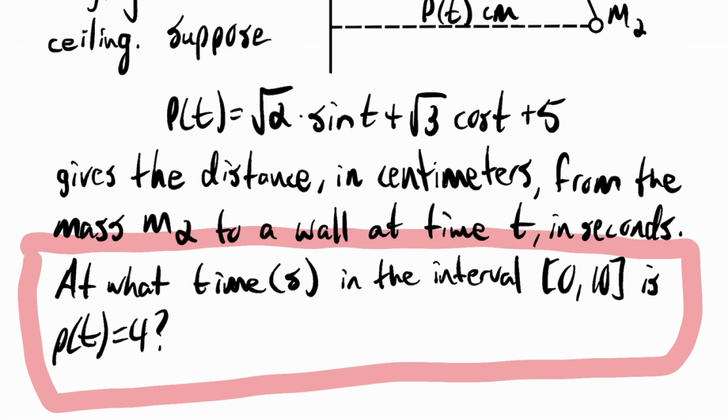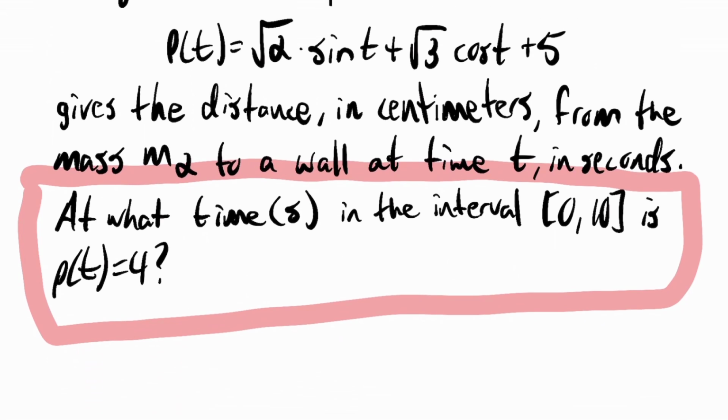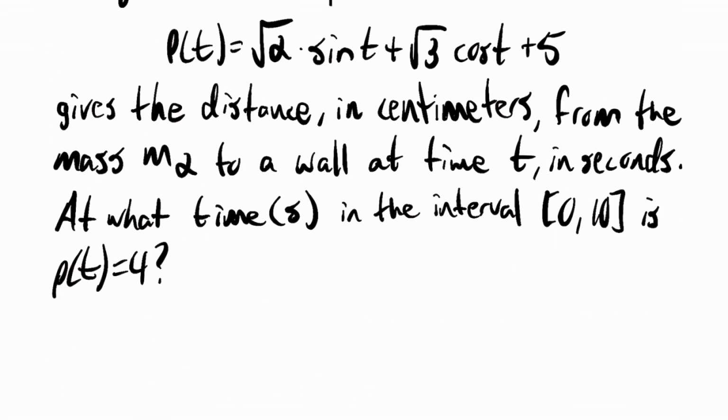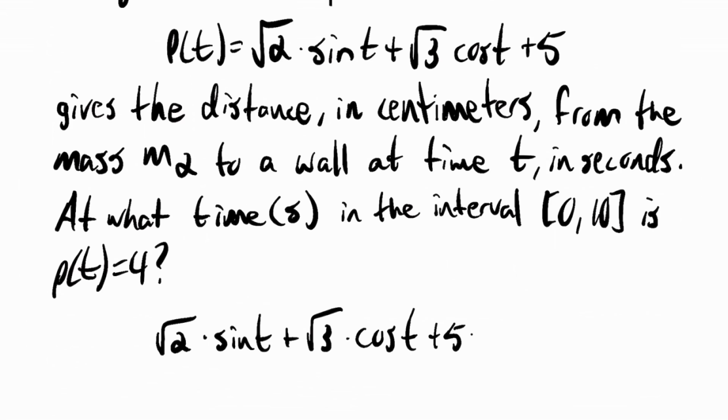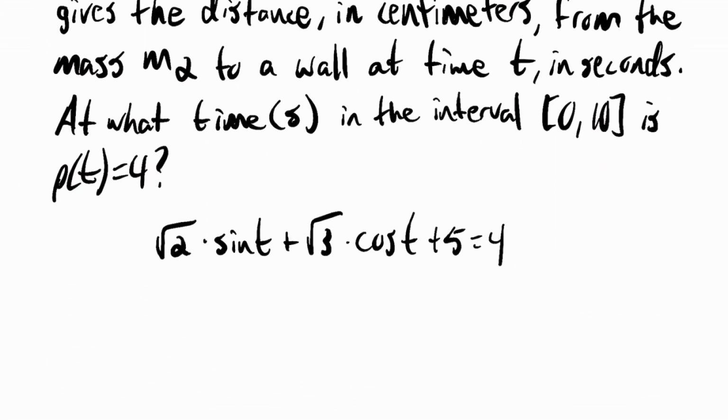So I'm going to set this function equal to 4 to find out when the distance is equal to 4. So we'll say root 2 times sine of t plus root 3 times cosine of t plus 5 equals 4. We need to solve this equation for t. Now, this is not quadratic in form.